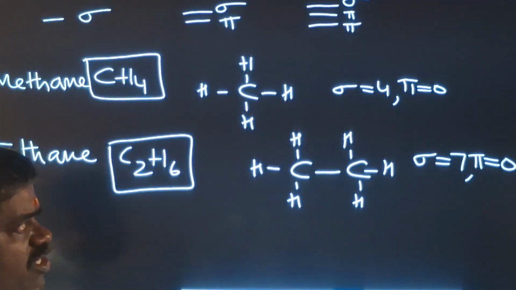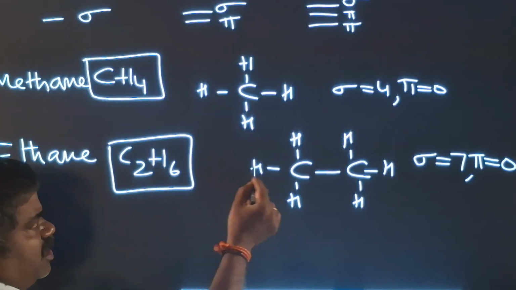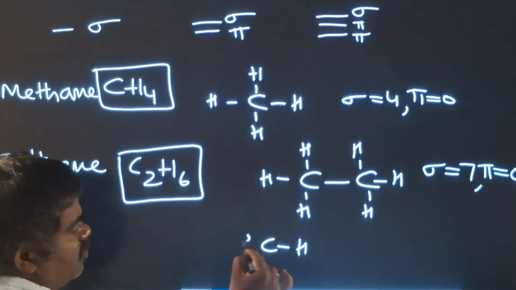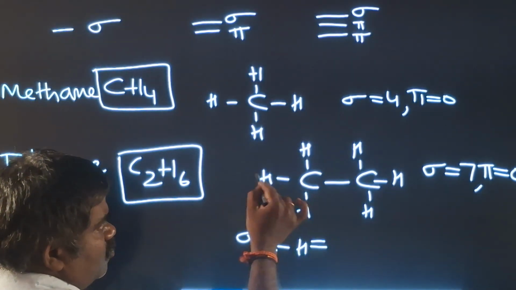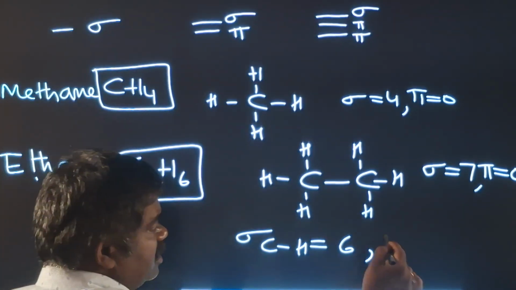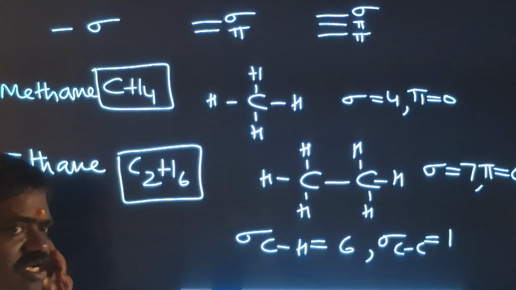Here one important point is there. How many CH sigma bonds? See, CH sigma bonds: 1, 2, 3, 4, 5, 6. How many CC sigma bonds? 1 CC sigma bond. Understood or not?